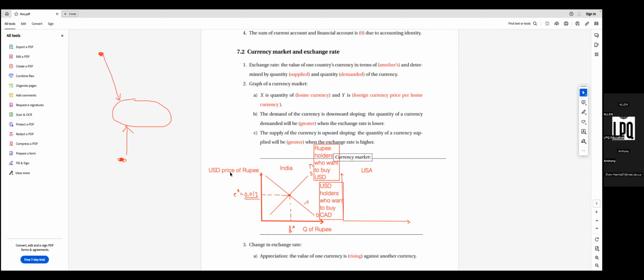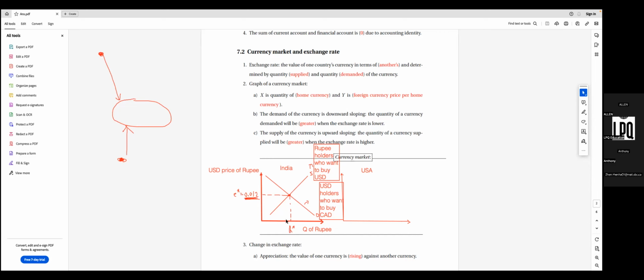If you convert 1 rupee into USD, you can get this much, just 1 American cent. This is the point of view of Indians, how we see this market.